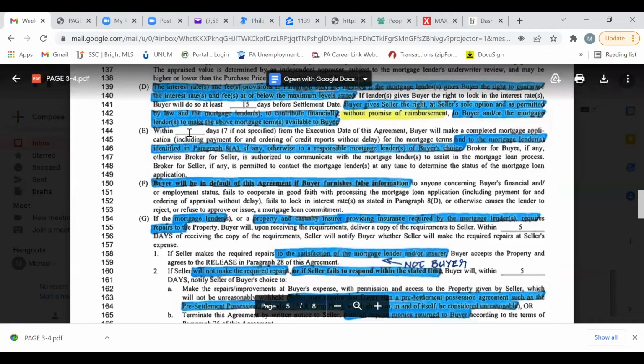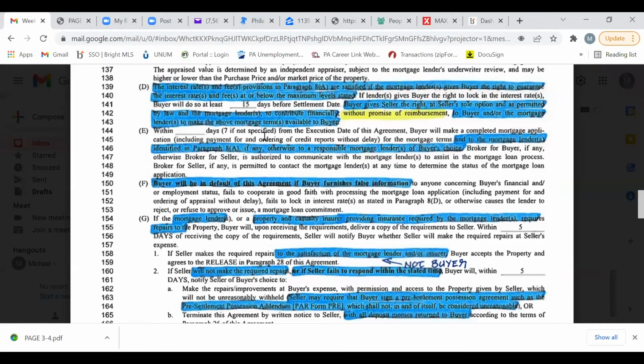E, within blank days, 7 if not specified, from the execution of this agreement, buyer will make a complete mortgage application, including payment for and ordering of credit reports without delay for the mortgage term, and to the mortgage lenders identified in paragraph 8A, if any, otherwise to a responsible mortgage lender of buyer's choice.